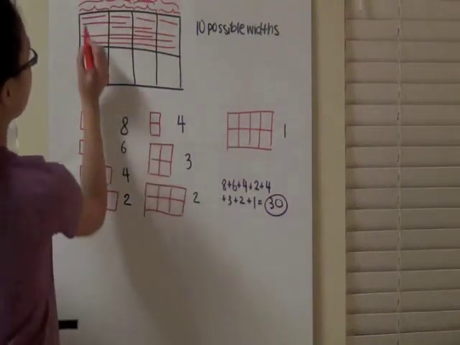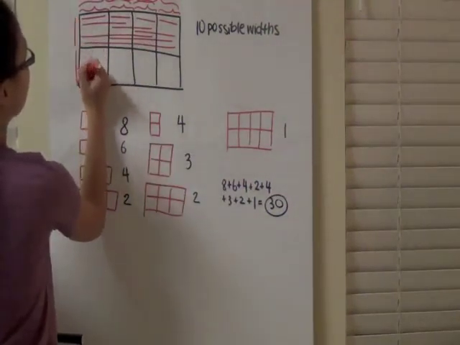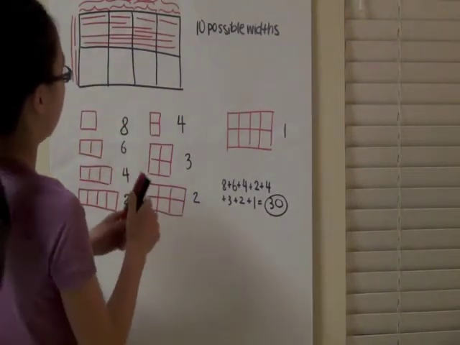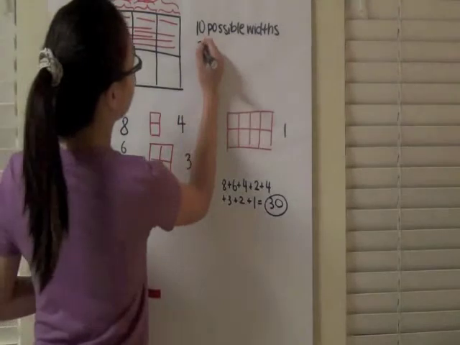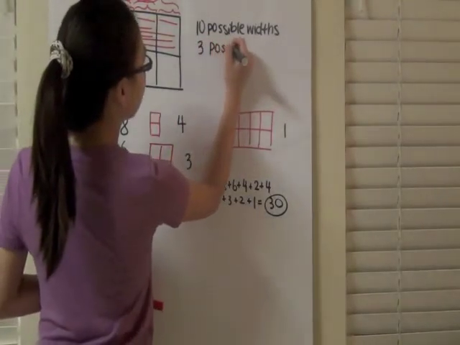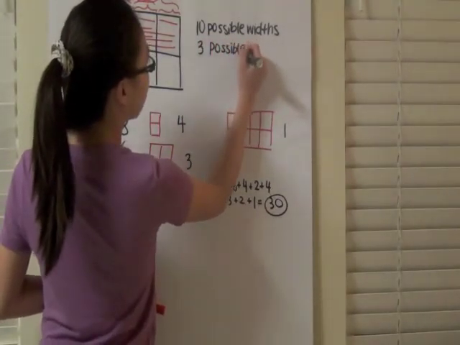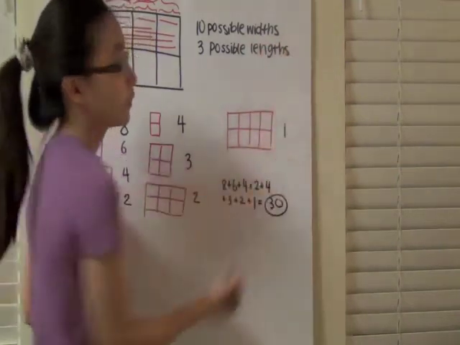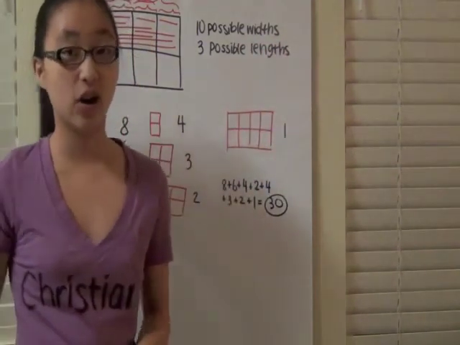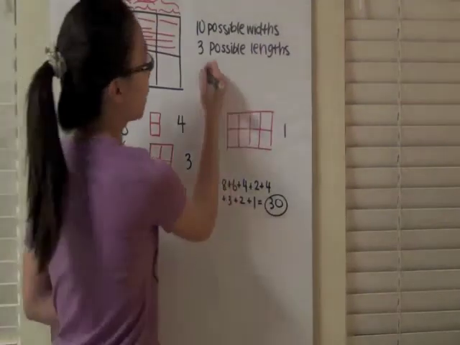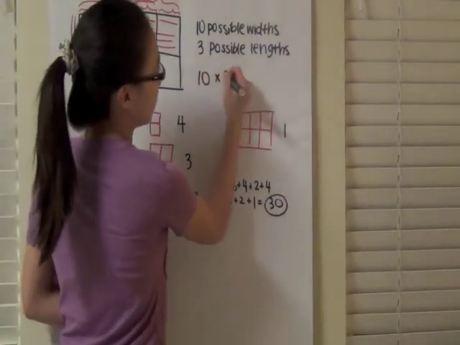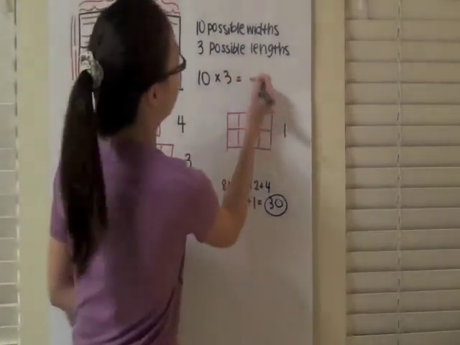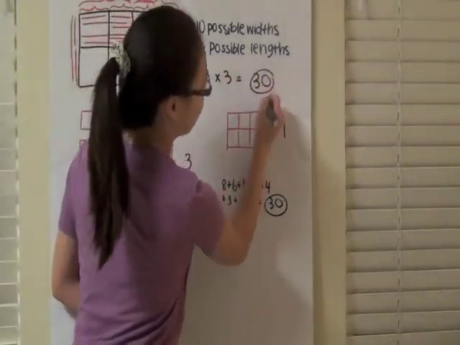For the lengths, there's 1, 2, 3 possible lengths. So if you want to find all the possibilities, you do all the possible widths times all the possible lengths. Widths is so hard to say, but you get 30, which matches.